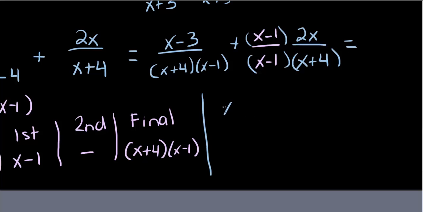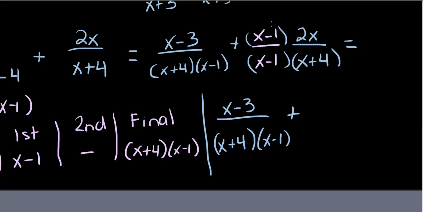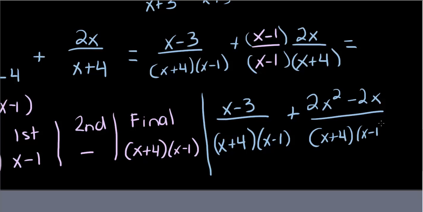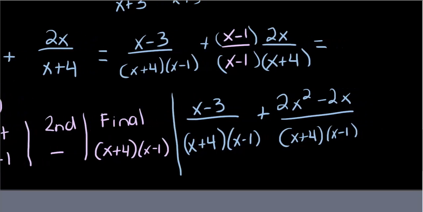Well, I'm going to have x minus 3 over x plus 4 times x minus 1 plus, and I'm going to distribute this. So 2x times x is 2x squared, and then 2x times negative 1 is negative 2x over x plus 4 times x minus 1. Notice that it doesn't matter if I have x minus 1 times x plus 4 or x plus 4 times x minus 1. It's still the same thing.